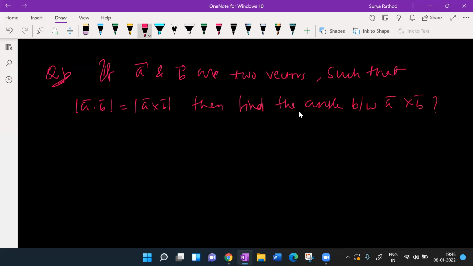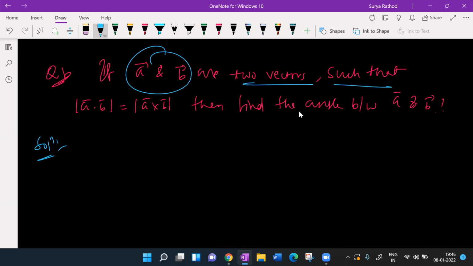So the angle between A and B, tell me, make it fast. There's a small issue with the pen actually. He has given that A and B are two vectors, beta, such that A dot B is equal to A cross B. Then find the angle between them.